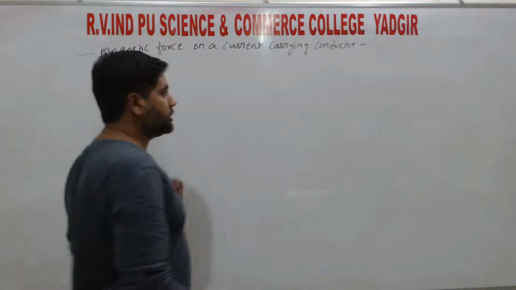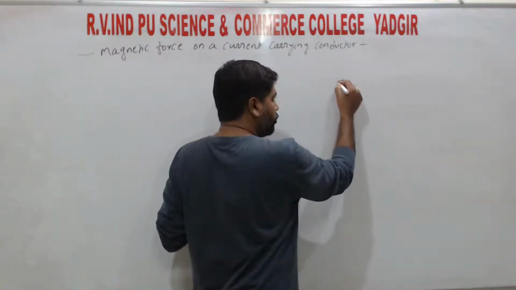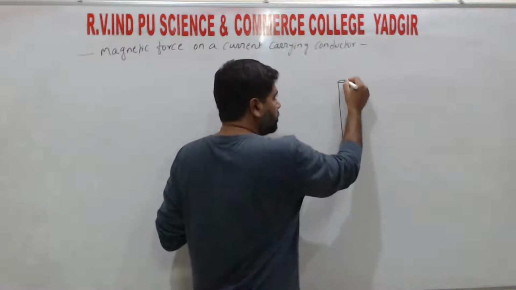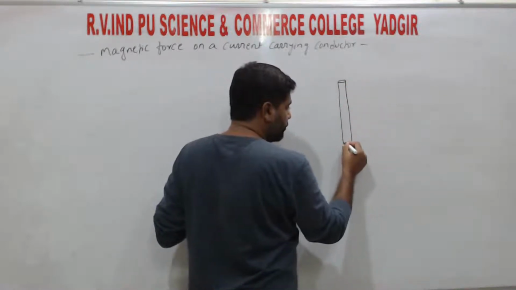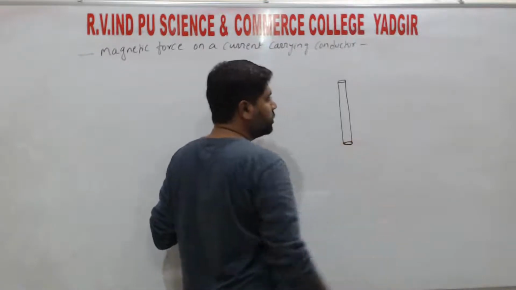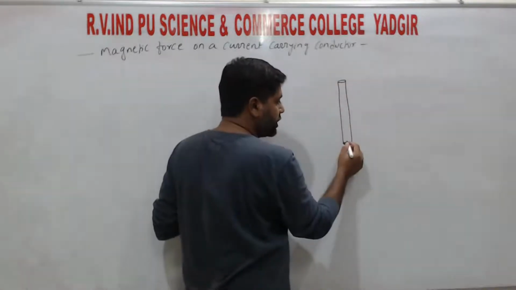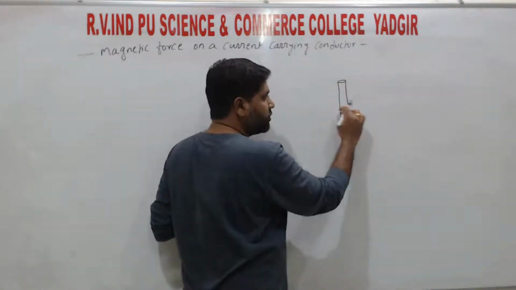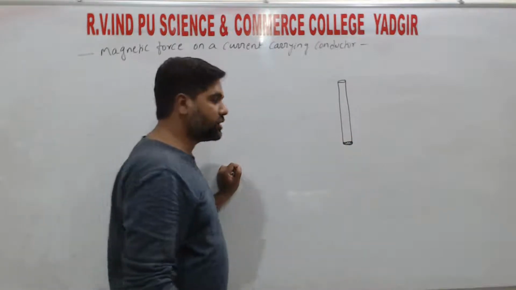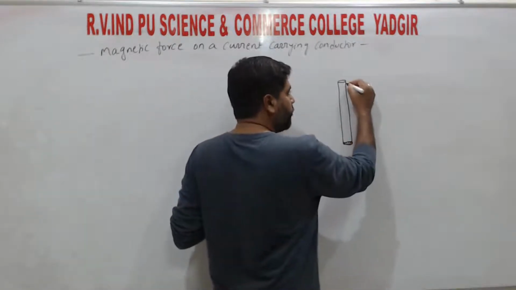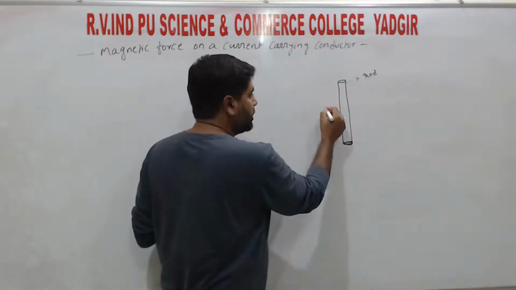Consider one rod of uniform cross-sectional area A and length L. Uniform cross-sectional area means at each and every point the cross-sectional area of the rod remains the same. So we call that the uniform cross-sectional area. Consider one rod of length L.